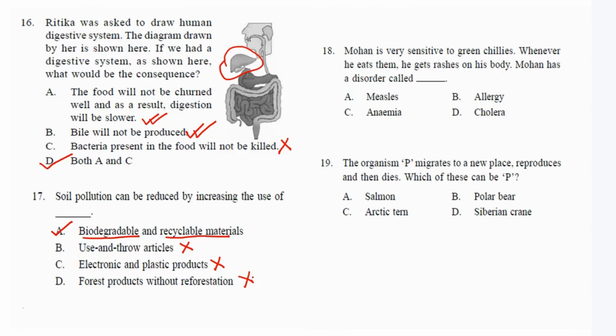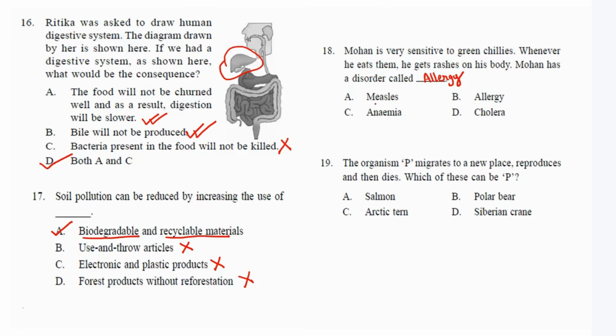Right? Coming to question number 18, Mohan is very sensitive to green chilies. Whenever he eats them, he gets rashes on his body. Mohan has a disorder called. Rashes and such things are formed by allergies, right? So from the statement here, we can understand that Mohan is sensitive to green chilies because he is allergic to green chilies.